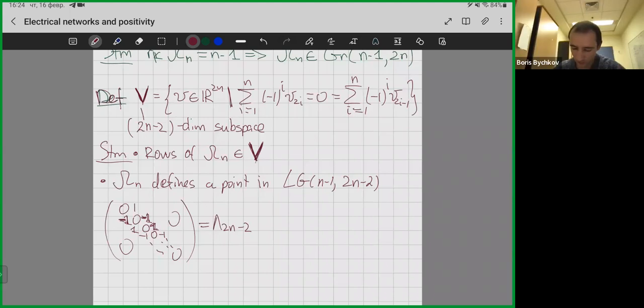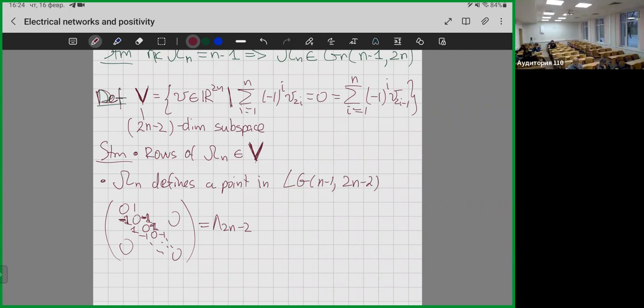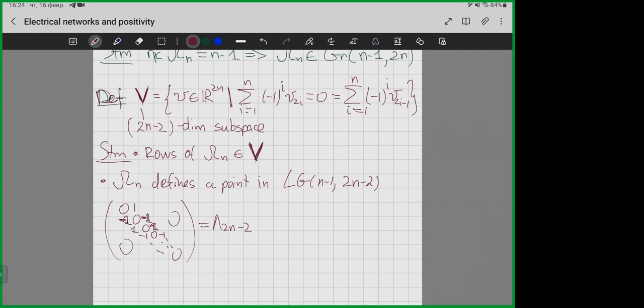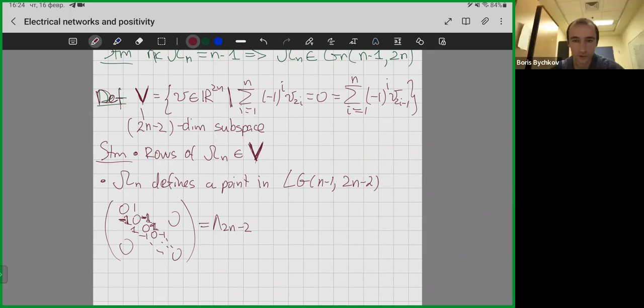In which basis of V? Форму никаких проблем ограничить на пространство нет. Не будет там такая красивая.